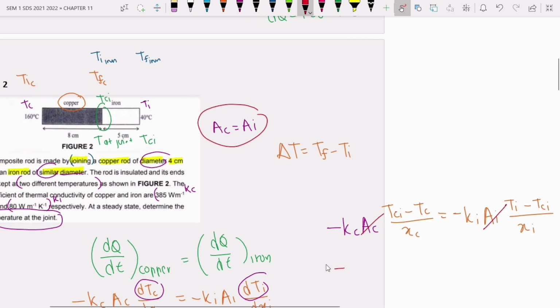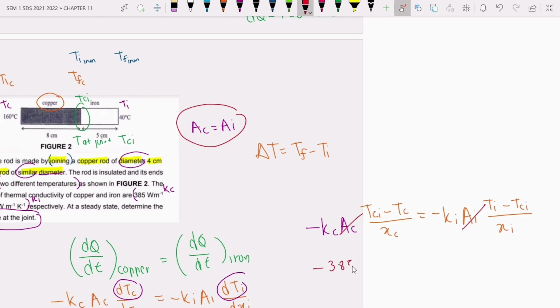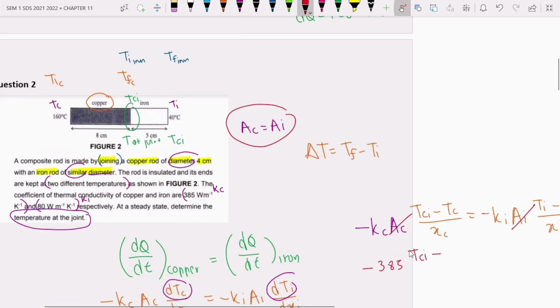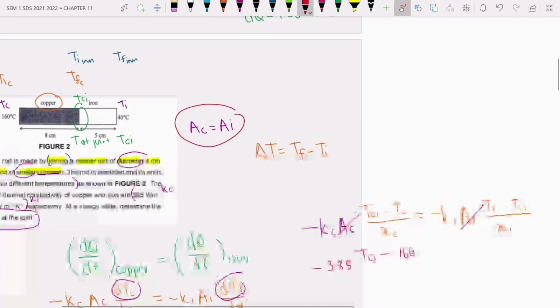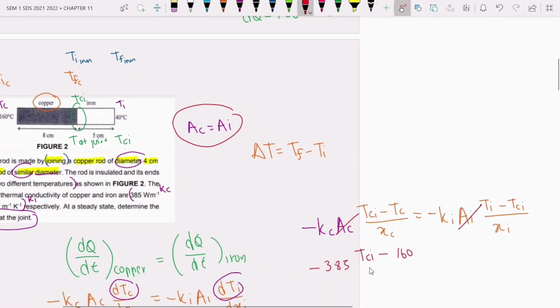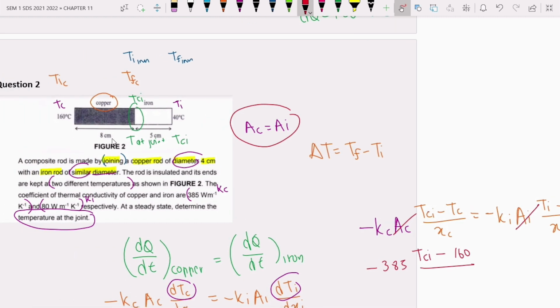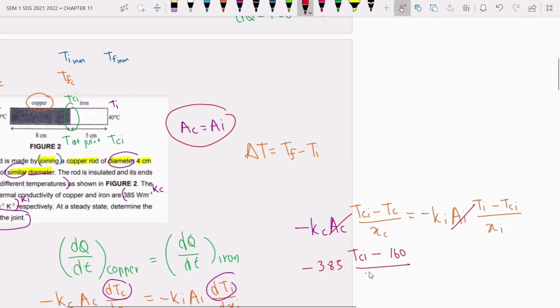So thermal conductivity for copper is 385, and then the temperature of copper iron, which is the temperature at the joint, we are looking for, and the temperature of the copper is 160 degrees. Then the length of the copper is 8 centimeters, we change it into meters.